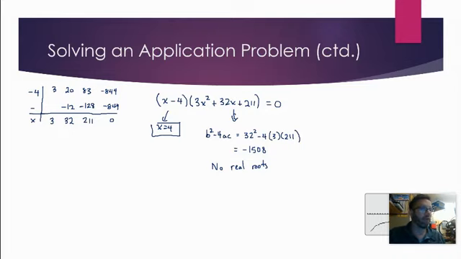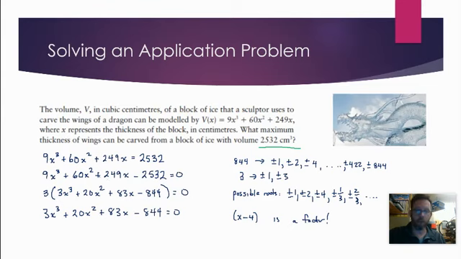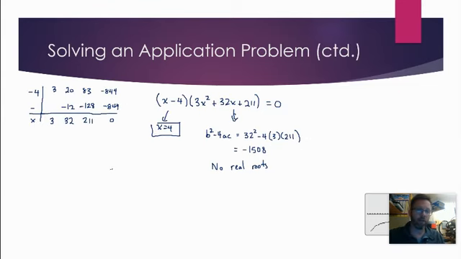So we're actually done. There's only one possible solution to this equation, and it's 4. And x represented the thickness of the wings. The thickness of the wings is 4 centimeters, and that gives you that required volume.